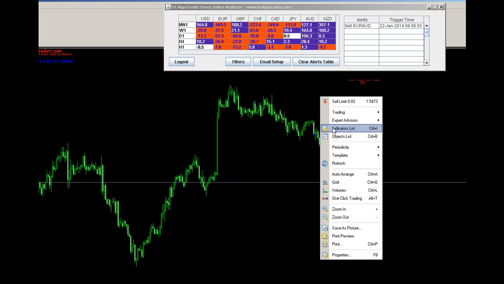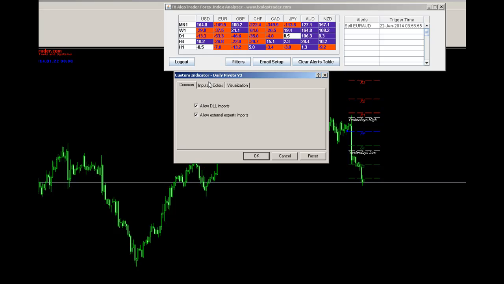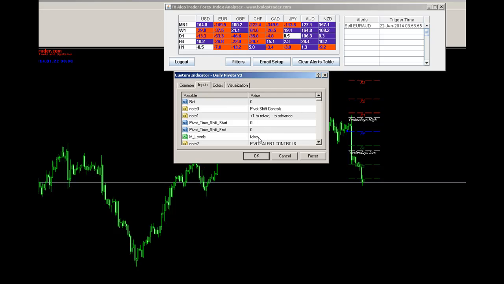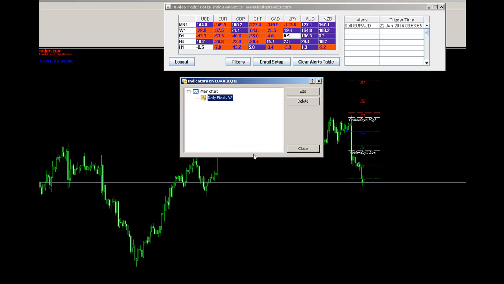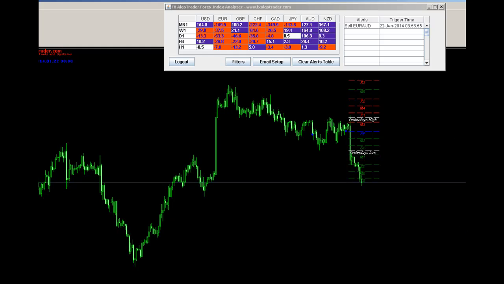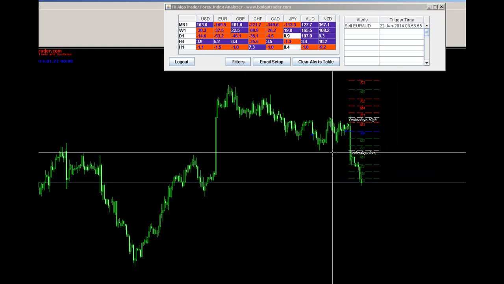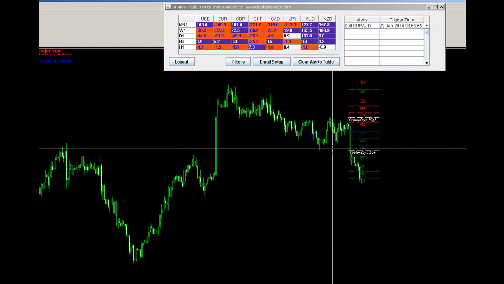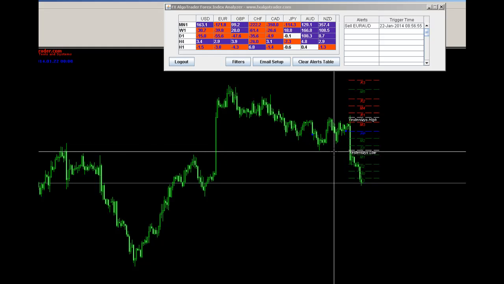We can obviously add in M levels, intermediate M levels if we wish to, like so. And we can also look back over previous price action to look at a suitable area of support and resistance where we may want to place our trade.